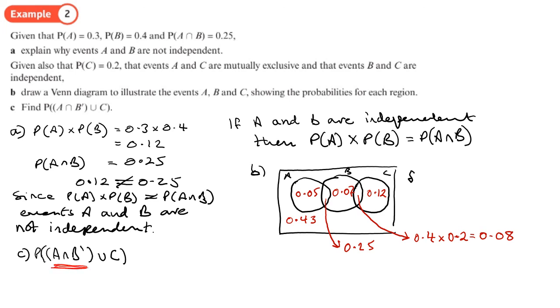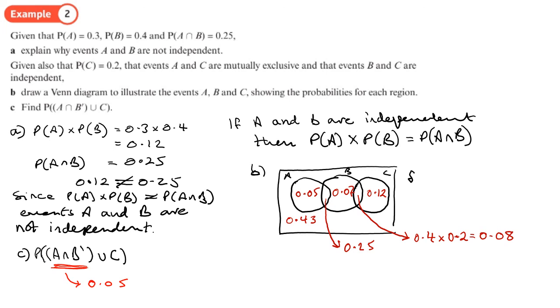The probability of A and not B. So we could use shading, but basically it means you want what's in A, but you want to slice off what's in B, and that's 0.05. So this is 0.05, okay, and we want the union of that with C, okay.